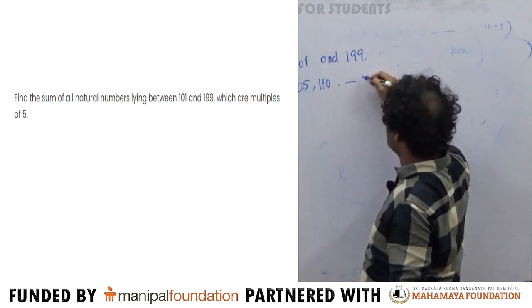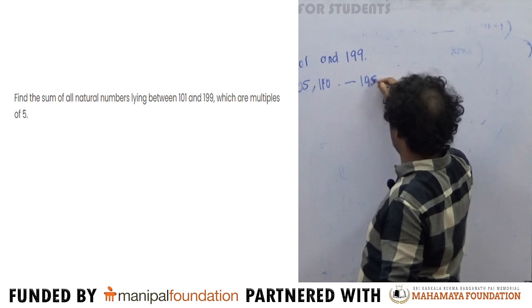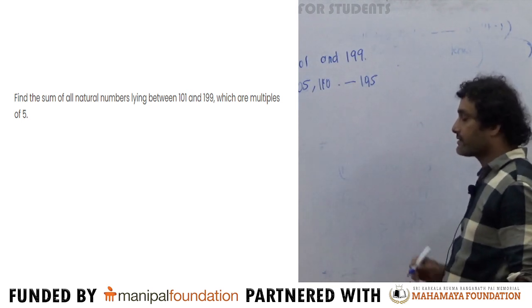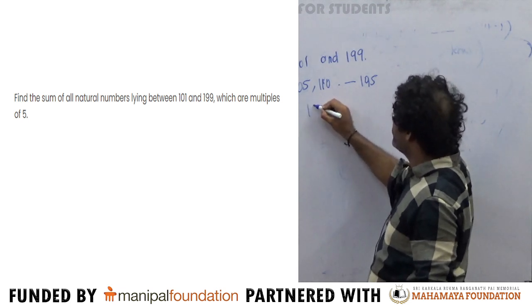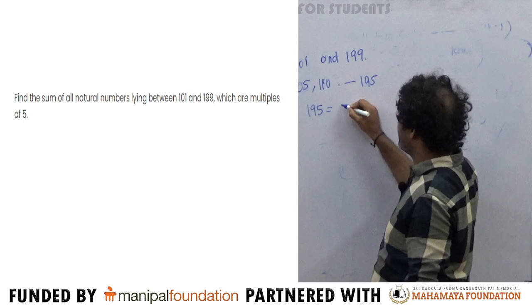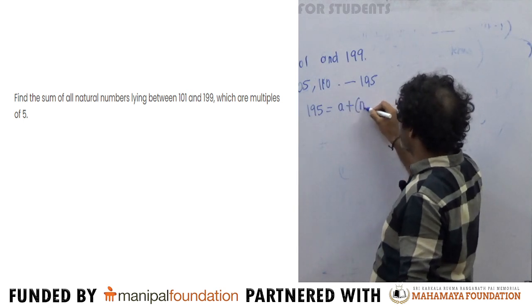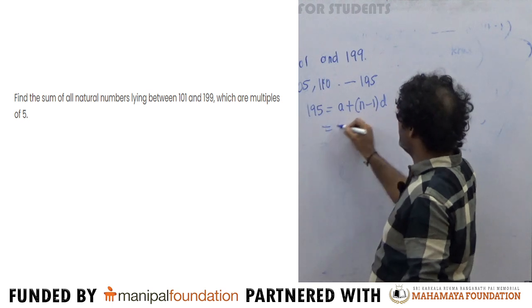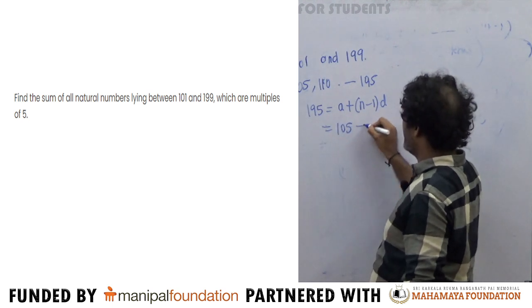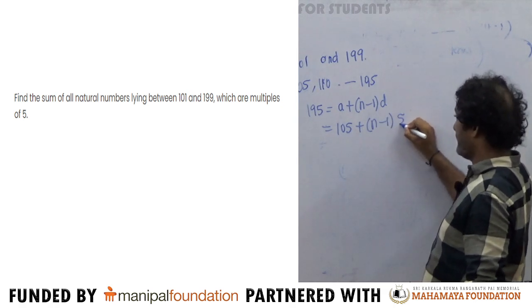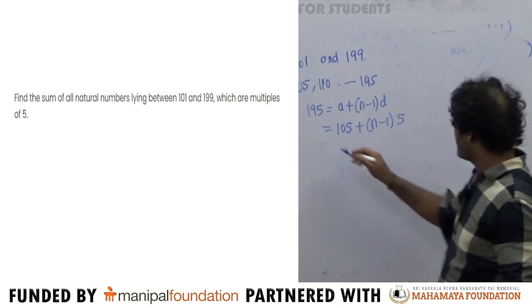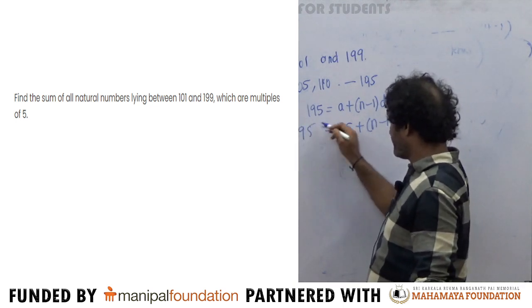It won't end here; it will end at 195, right? I don't know what the n value is, so last term is 195. a plus (n minus 1) into d. Who is a? 105. Who is n minus 1? Don't know. d is 5. The gap is 5, right? So here you write 195.